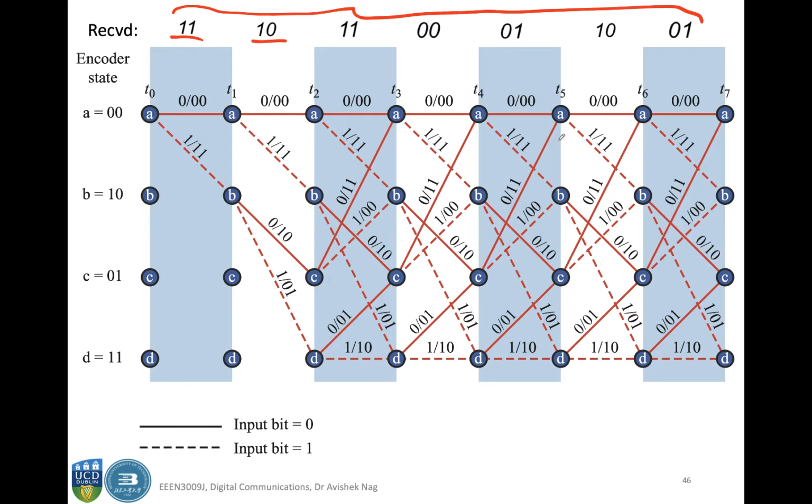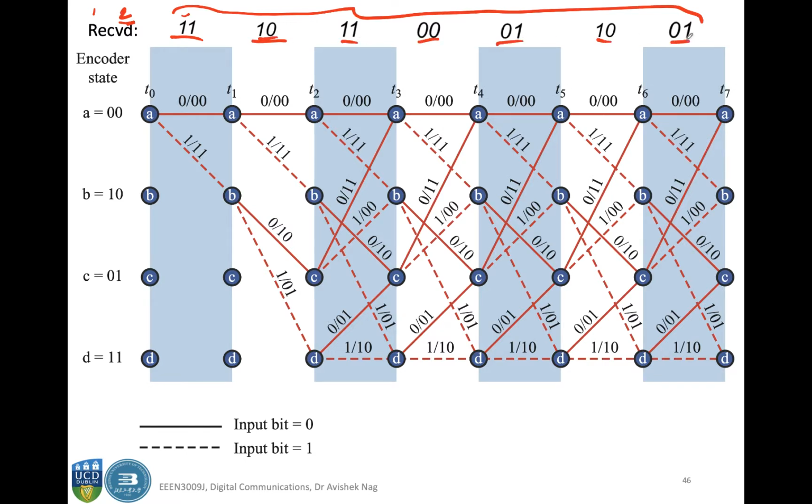Okay. So this was originally a rate half code encoder. We are using the same example, same convolutional code. So 1 bit was input and 2 bits were output. Your received code word can be separated into 2 bits each, because the output is 2 bits.